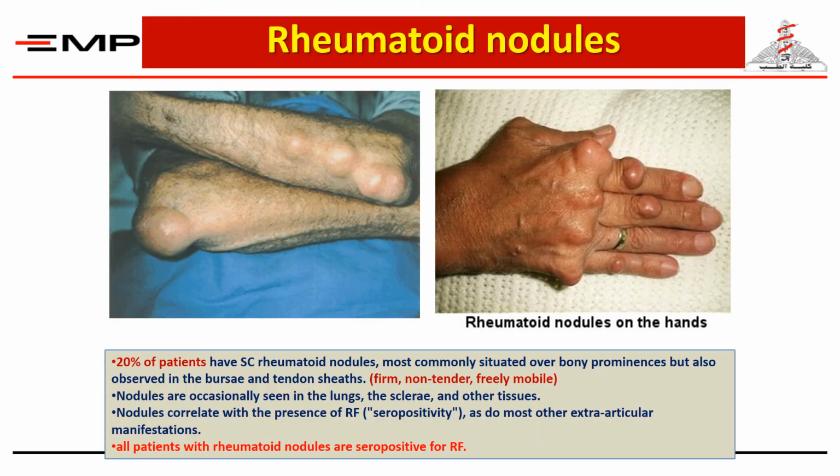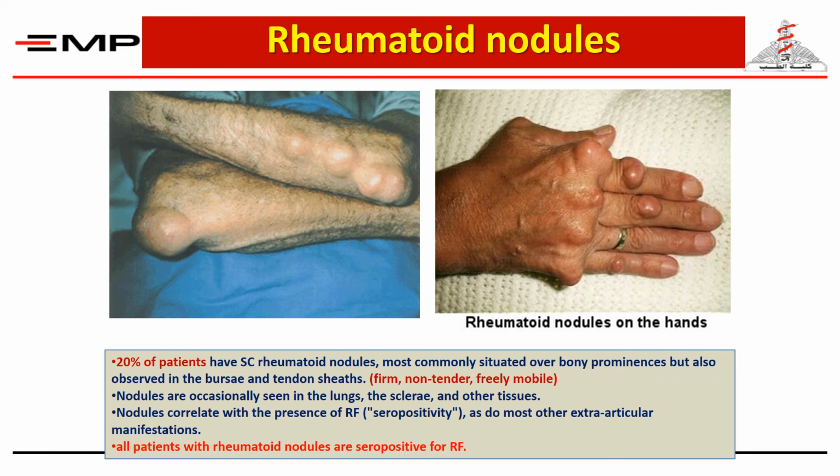These two pictures show rheumatoid nodules. They are subcutaneous nodules, most commonly situated over bony prominences, as we see in the elbow or the dorsum of the hand, but also observed in the bursae and tendon sheaths. They are firm, non-tender, and freely mobile.